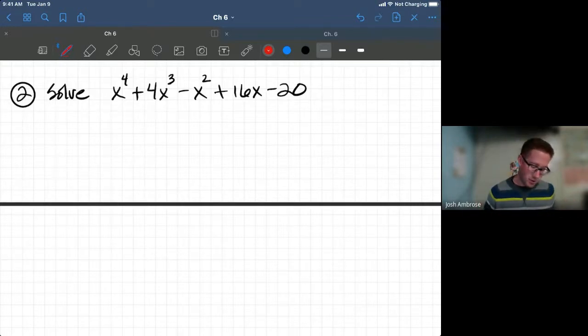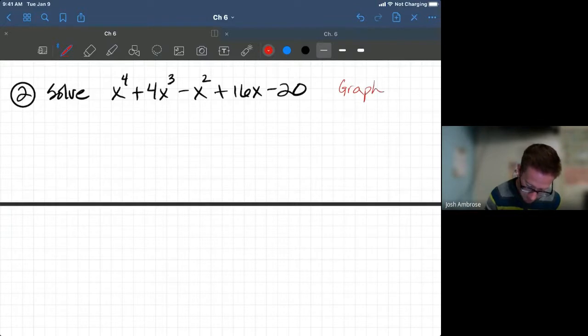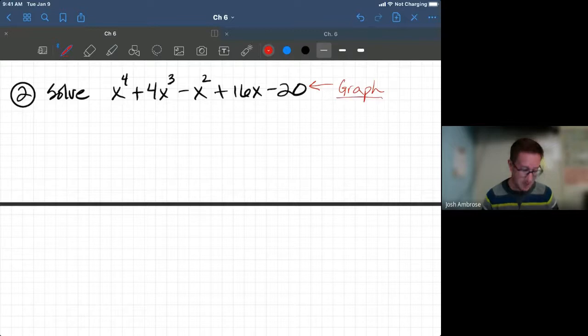Your very first step is to graph this. Use your graphing calculator and graph this. I'm going to write that off to the side. Graph. This is your first step. The purpose of this is you need to find the real roots, because unfortunately there could be imaginary or complex roots that you don't just see from the graph.